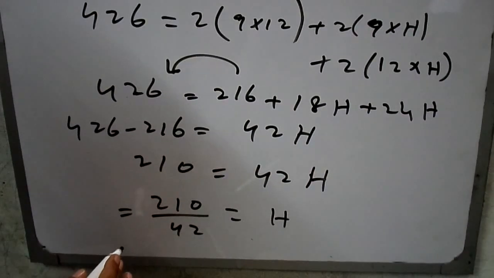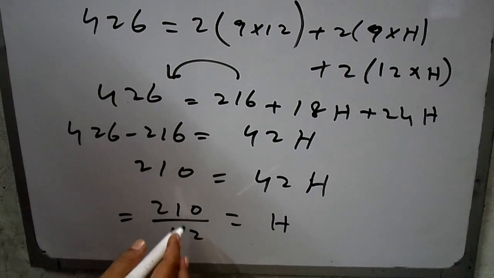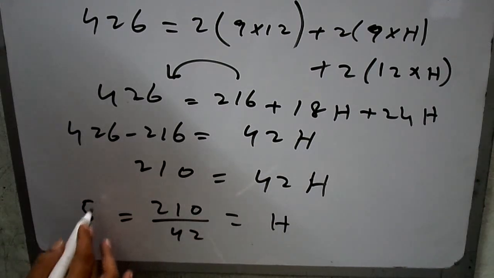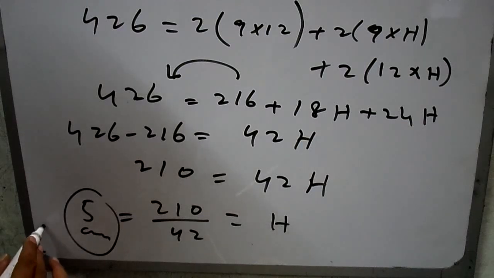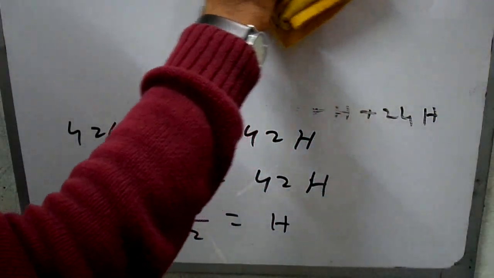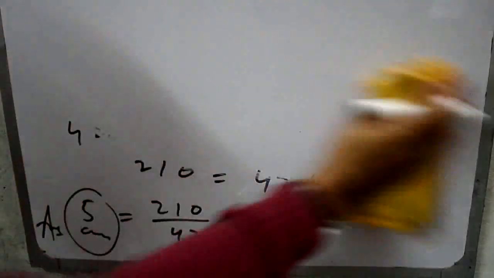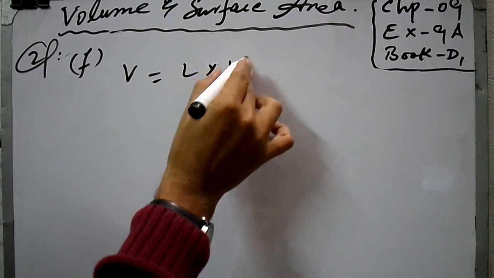So the value of h is approximately, that is by division by using calculator, that is you will get 5 centimeter. So that is the value of height. So we have to find what is its volume. Now to find the volume of the same part, that is volume is equal to length into width into height.